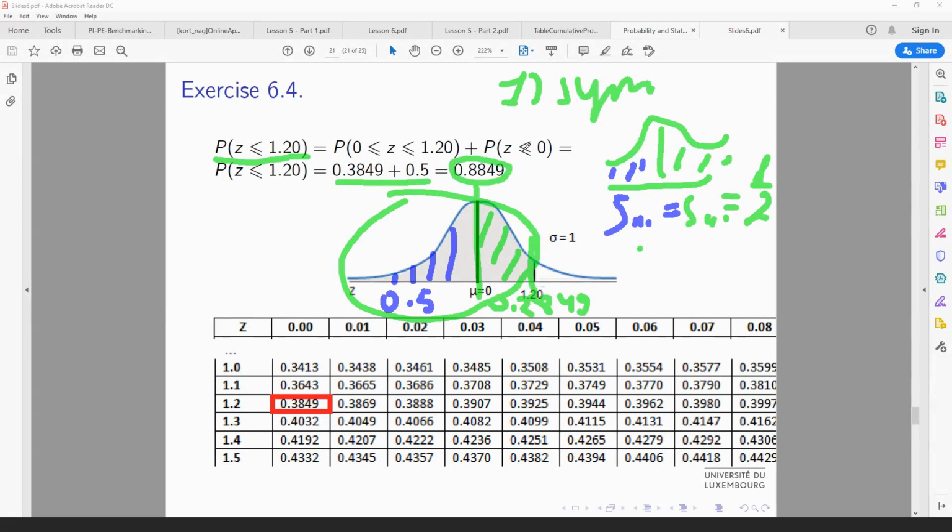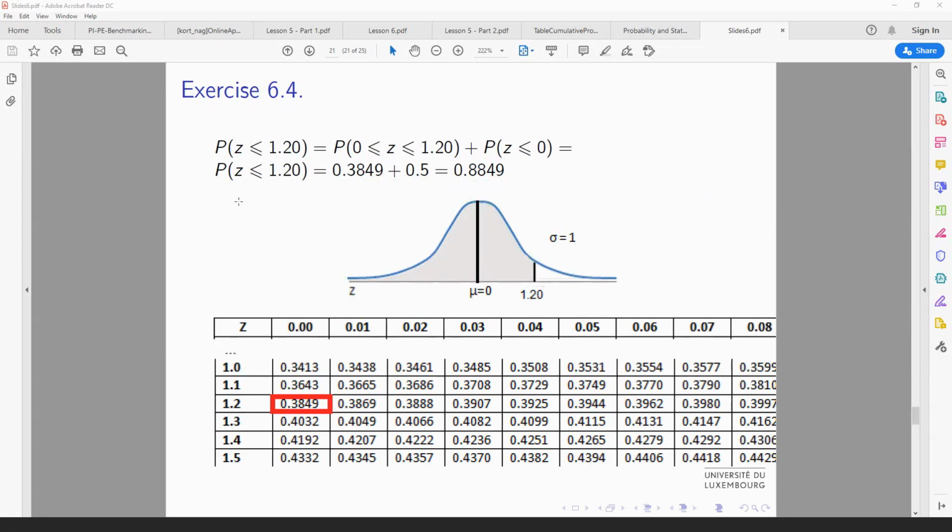You have to understand that the area under the curve and the probability are closely connected. I would say just one-to-one. When you calculate probabilities, by essence you calculate the area under the curve of the distribution.